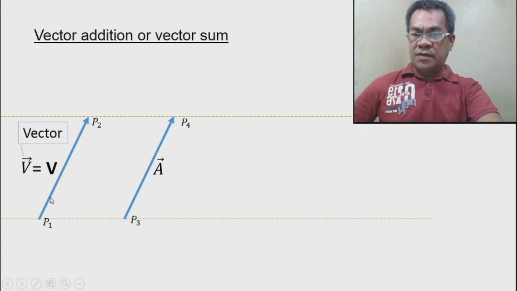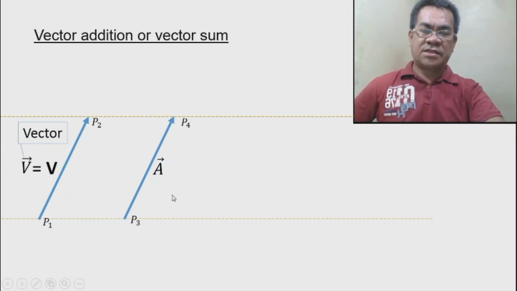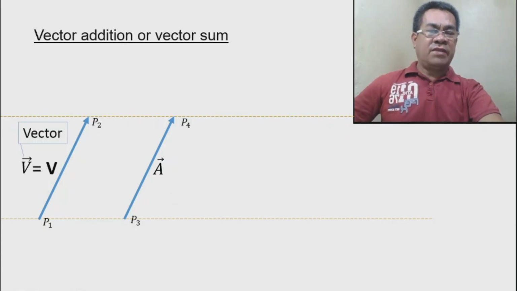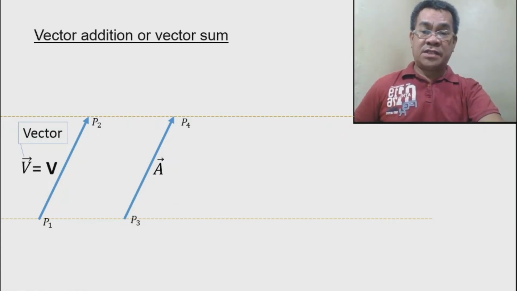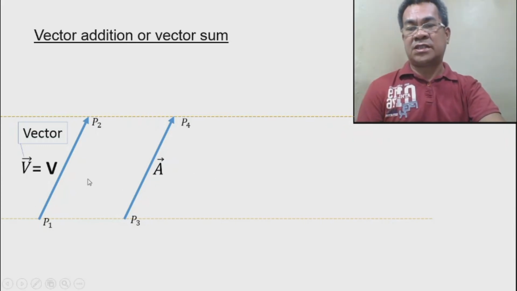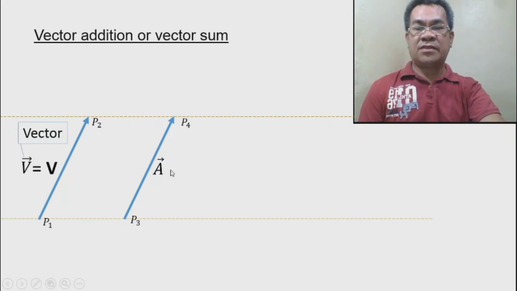We have this angle equal to this, and the length of this and this is the same. And the arrow is pointing in this direction. So we can say that vector B and vector A are equal vectors. Vectors are called equal if they have the same magnitude and the same direction. Take note, the same magnitude, the same direction. Therefore, we call that equal vectors.